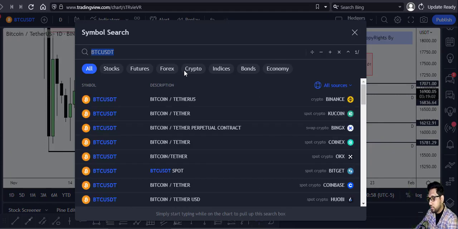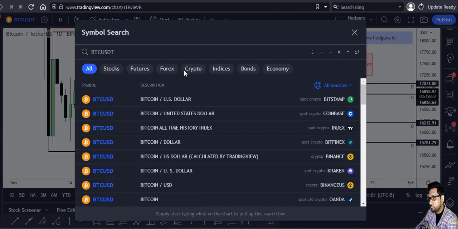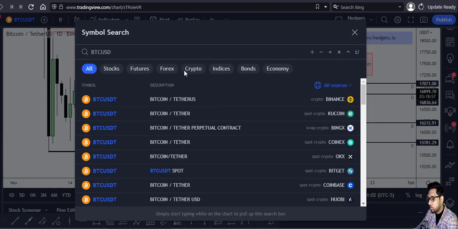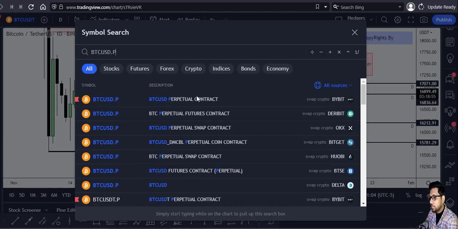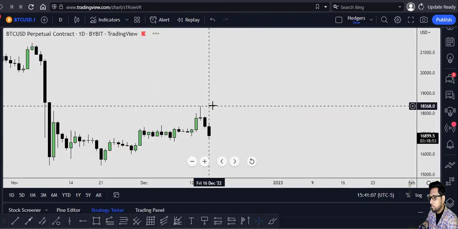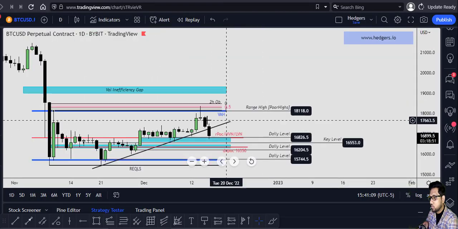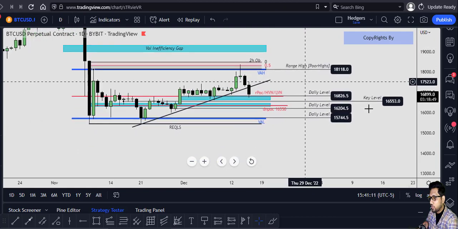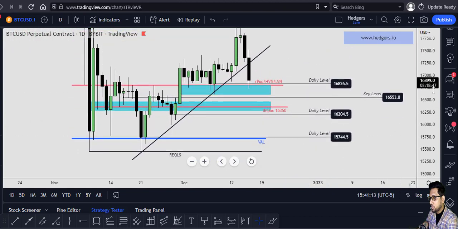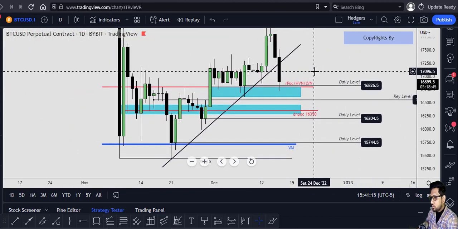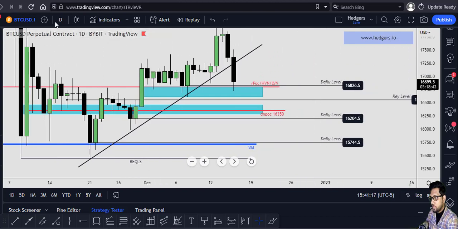So right now, for the immediate short term, I am looking at the Bybit BTC USD pair for a trade setup in this zone that is having some confluences in my chart right now.